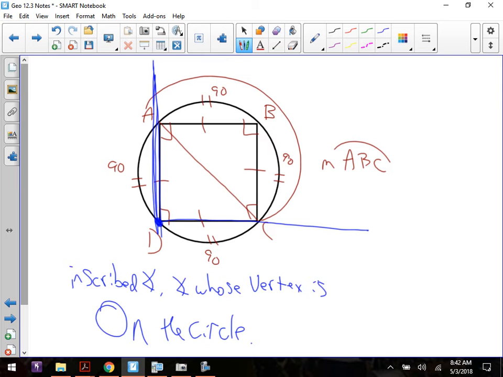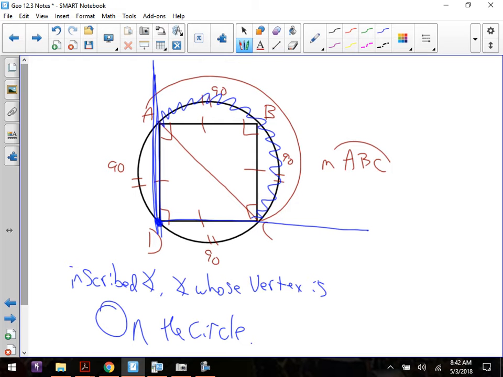The intercepted arc was that. That arc measured, like Josh said a second ago, 180 degrees. What does the angle measure though? Equals 90. What's the relationship between 90 and 180? It's half of it, isn't it? Okay, it's half of it.